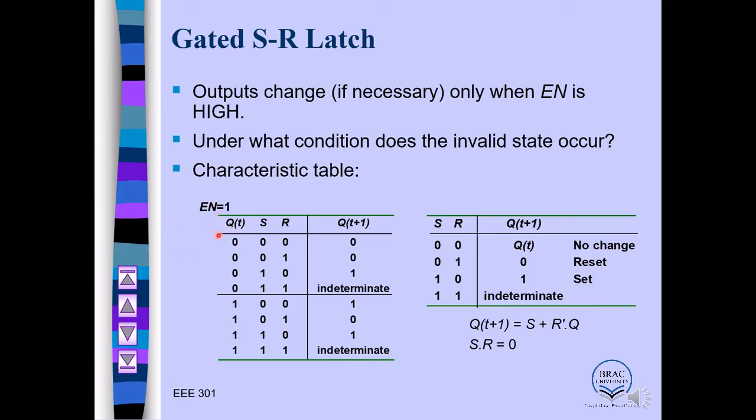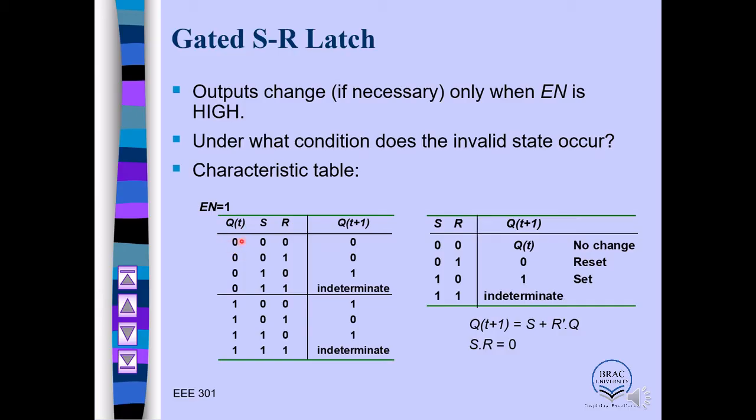So En is 1, then Qt is your present state, Qt+1 is your next state, and S and R are your inputs. If S and R are 0, 0, there is no change, meaning the output keeps the previous value.